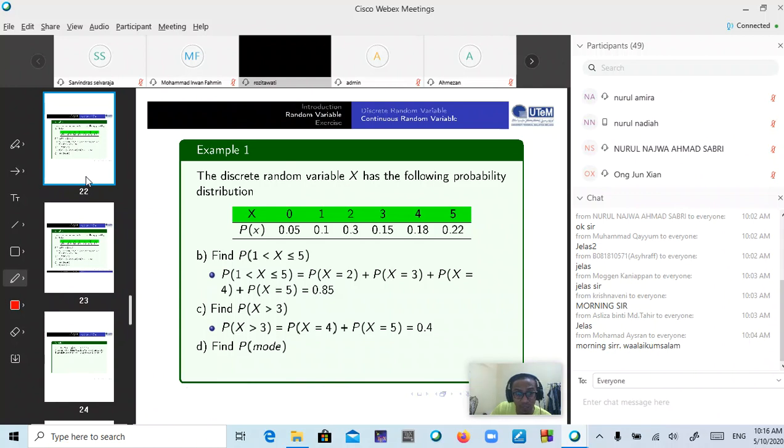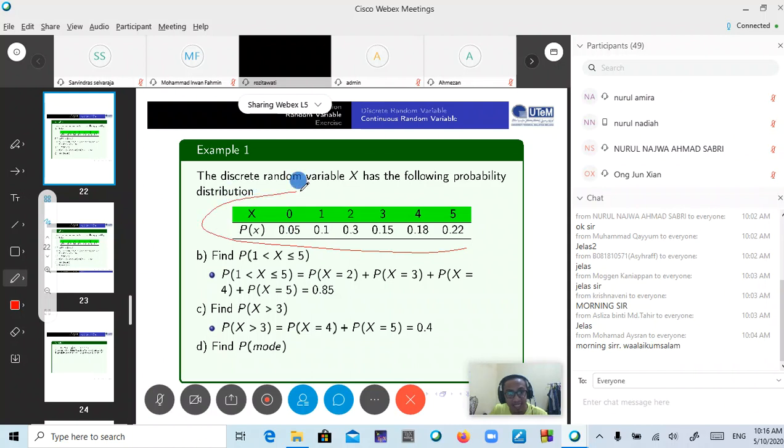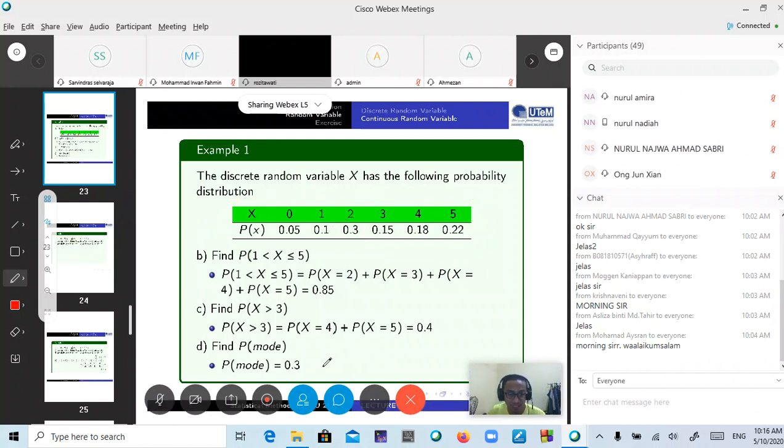Find P mode. Find probability of mode. So in this probability, what is the highest probability? The highest probability is 0.3. So your answer is 0.3 because the question asks you to find probability of mode. It is different if the question asks you to find mode. If it asks you to find mode only, your answer is x equal to 2.